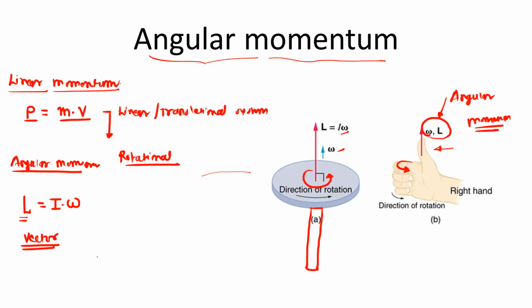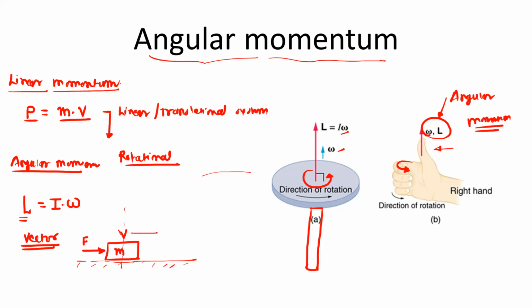In the linear system, that is the translational system, the linear velocity and the linear momentum both have the same direction. Suppose we apply some force on the mass m, and it is moving with some velocity v at a particular time.